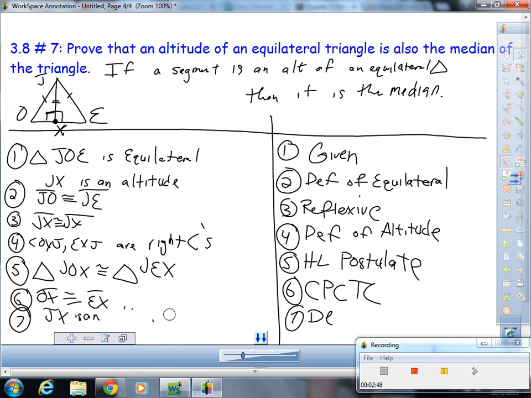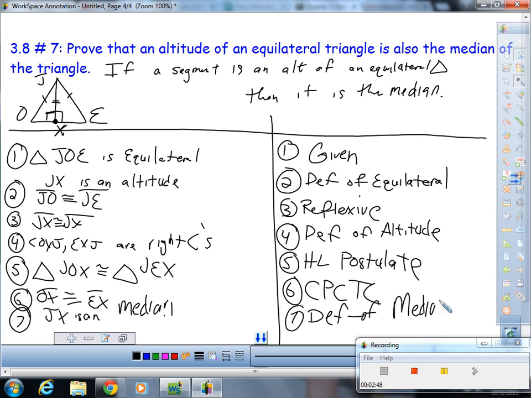Sorry, it's a median by definition of median. What's a median? It's a segment that starts at the vertex and bisects the opposite side, goes to the midpoint of the opposite side, creates two congruent segments. All of those would be qualifiable definitions.